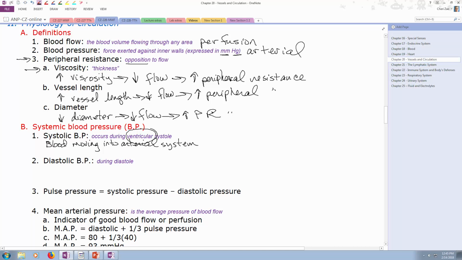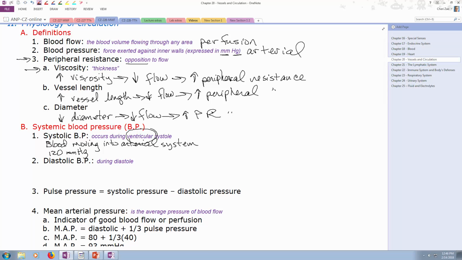What's an average systolic blood pressure that most people consider reasonable? Good. 120. And we're going to stick with that. 120 millimeters of mercury. Our 120 is actually kind of high because of our lifestyle.